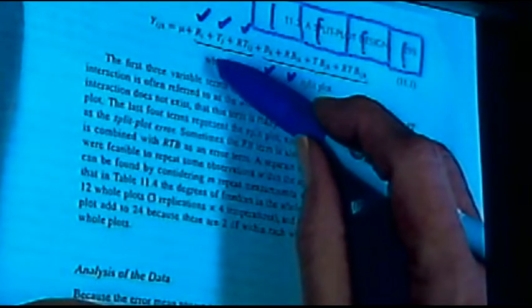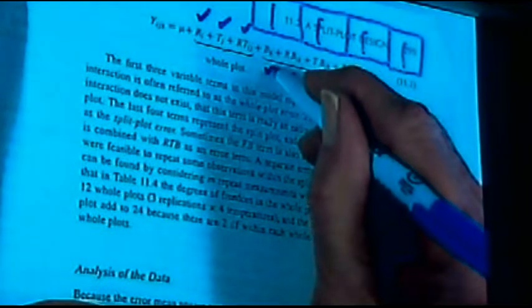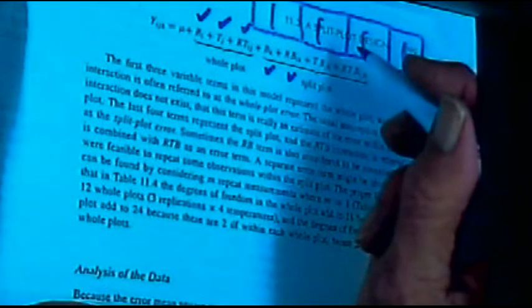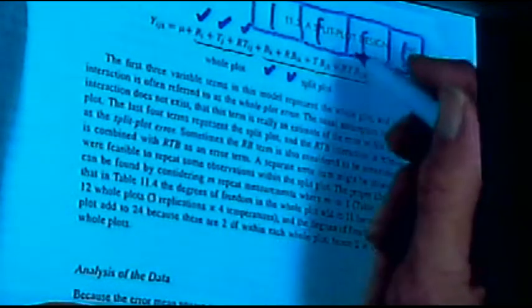So we would have T, RT, and RT. Okay, that's doing fine. Then we have BK for factor B. Then this one we have, this one we don't have, and this one we don't have.